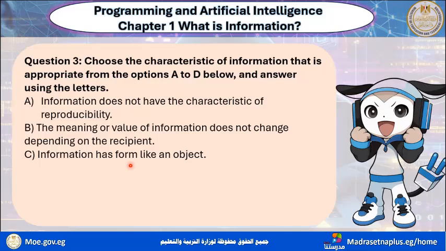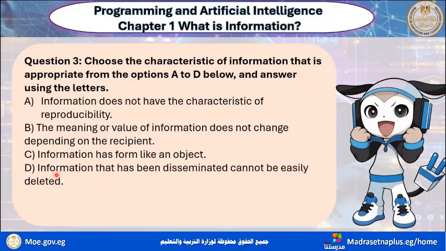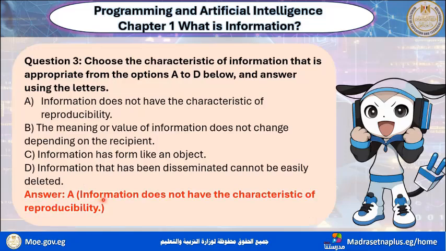C: Information has form like an object. D: Information that has been disseminated cannot be easily deleted. Well, A is the correct one because it says information doesn't have the characteristics of reproducibility.